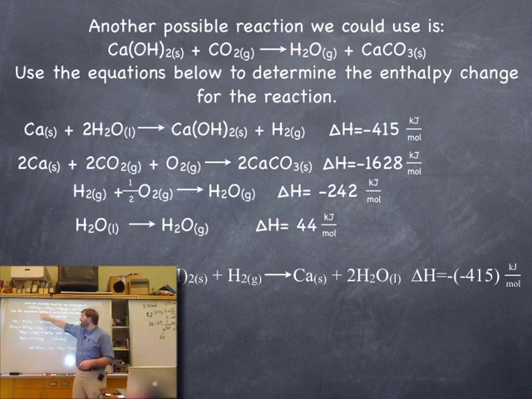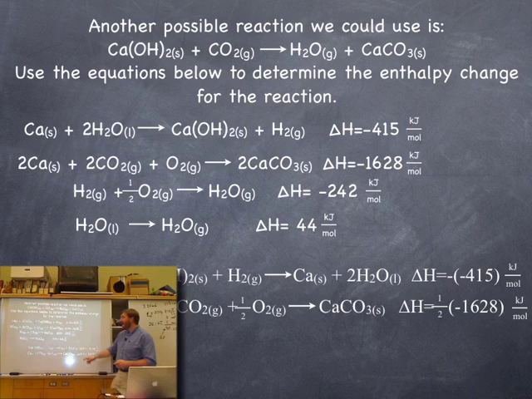I got carbon dioxide, calcium carbonate, they're on the correct sides. So what do I have to do to this equation to get the right number of them? I got to multiply that equation by 1 half, which gives me 1 calcium oxide, or carbon dioxide, half of an oxygen, and 1 calcium carbonate. And I'm going to make this number 1 half, multiply by 1 half.